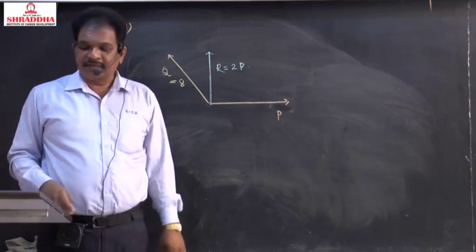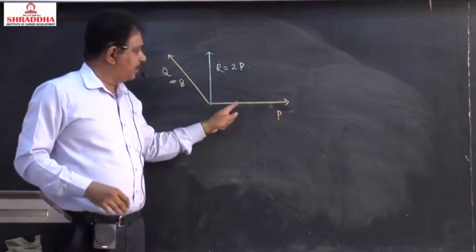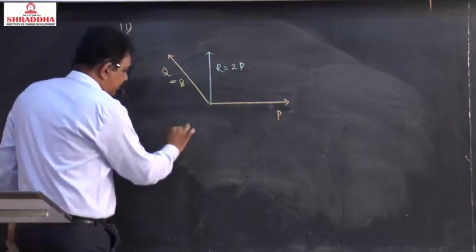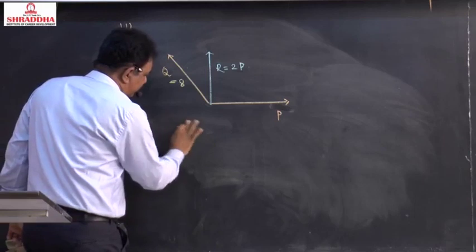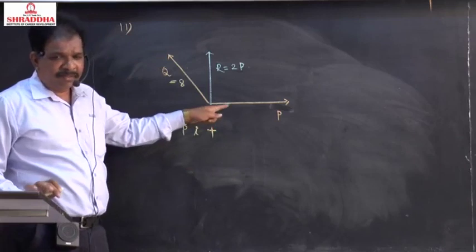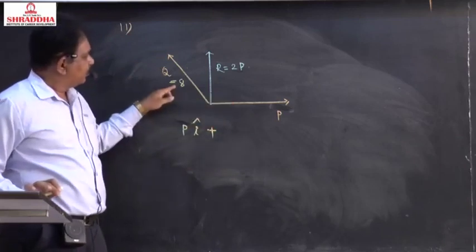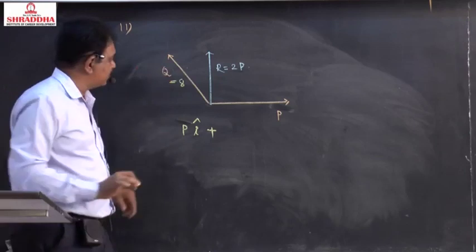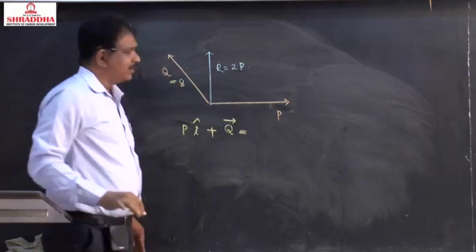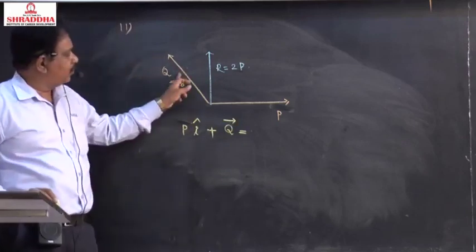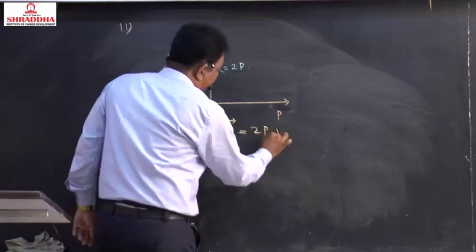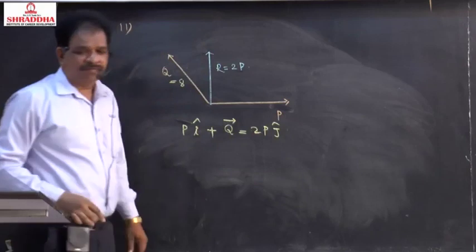These two vectors are added. P bar is completely along the x-axis. Q bar is in the xy plane. So this is q bar. The resultant of these two will be r, meaning 2p. It is completely along the y-axis.